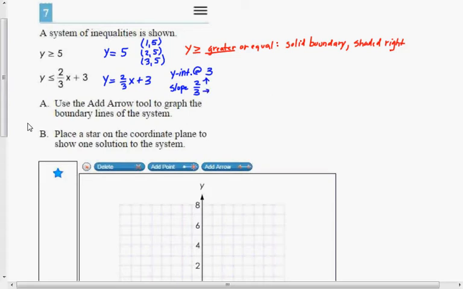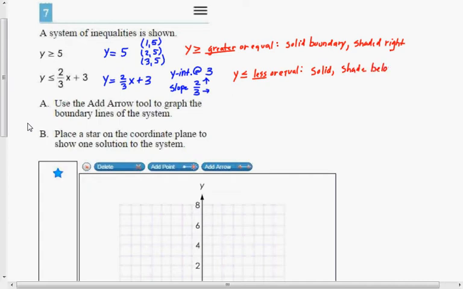All right, because the symbol is less than or equal to, then we know, again, we need a solid line because it's equal to the line. The points that are equal to that value of y are included in the solution set, but the less than for a slanted line here is going to be to shade below.